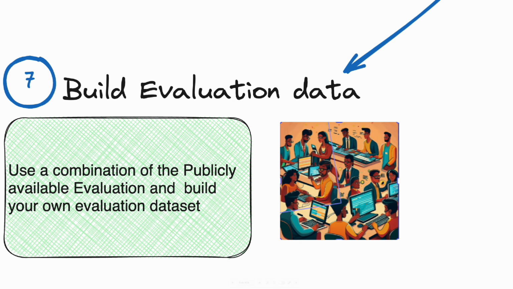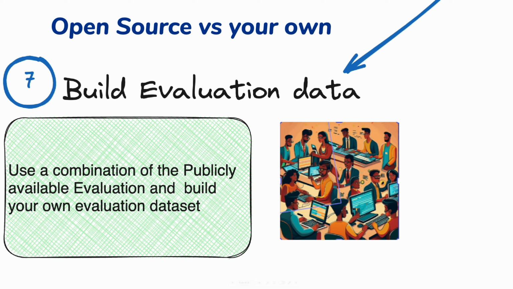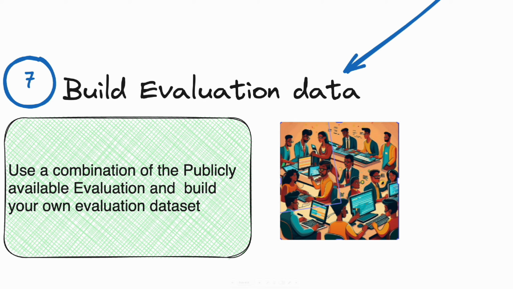And this is one thing that is a clear differentiator between intermediate and emerging organizations: start building the culture of building evaluation data sets. This is very important. You can use the open source evaluation data sets, but you should also start building your own data sets to evaluate the model based on your organization's use case, not a generic use case.